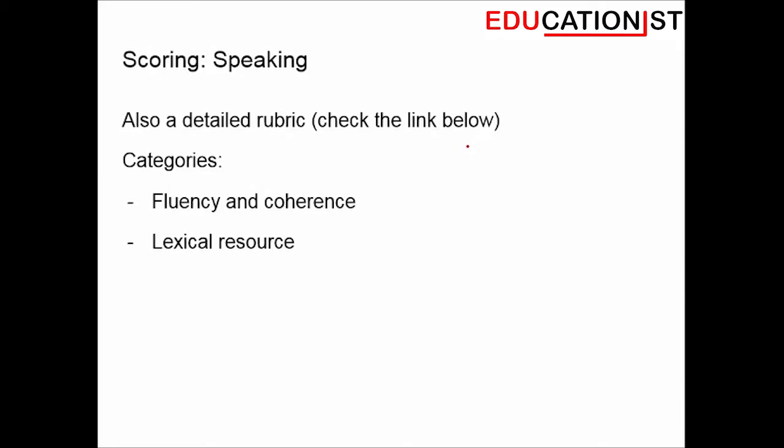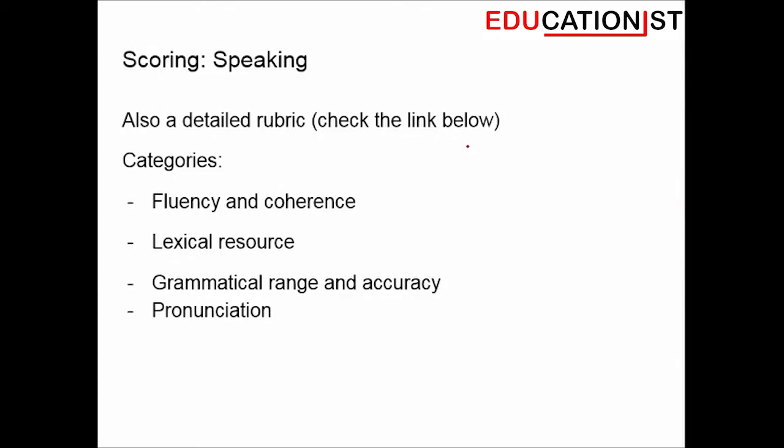Lexical resource, the same as with writing. How well can you use vocabulary? How much vocabulary? And also, how accurately do you use the words that you use? Grammatical range and accuracy, again, is about how much variety and how varied your grammar structures are, and whether you use them correctly or whether you have a lot of mistakes.